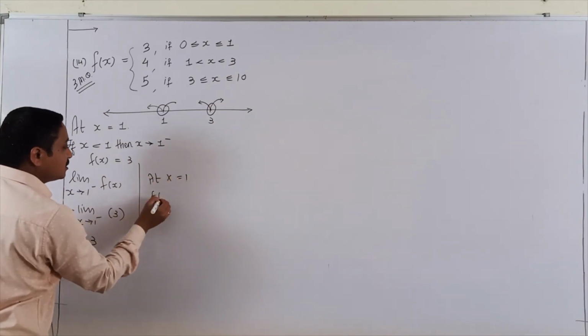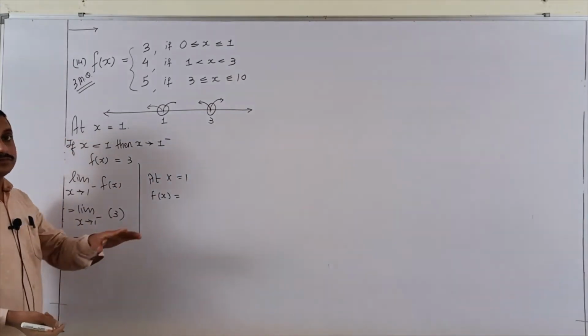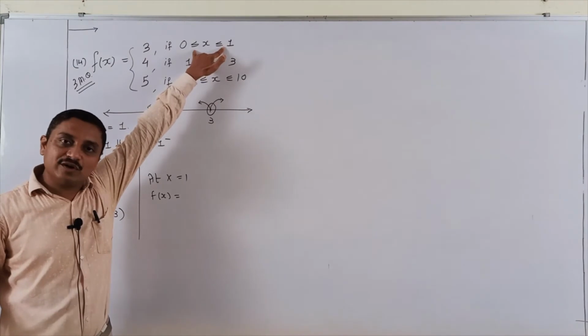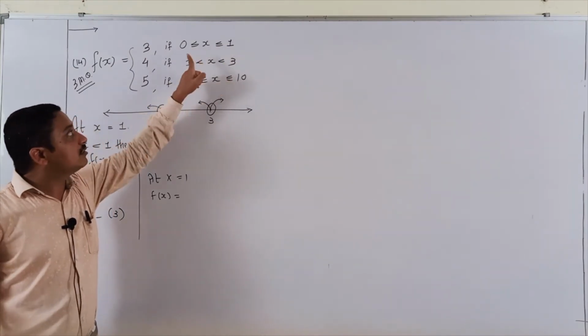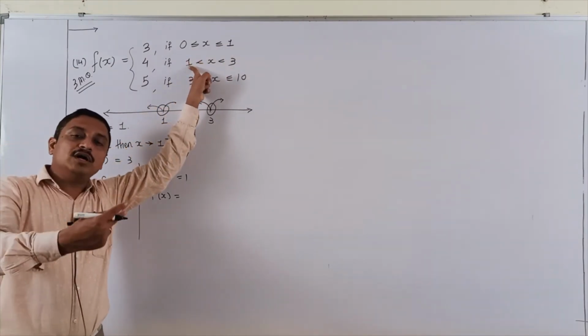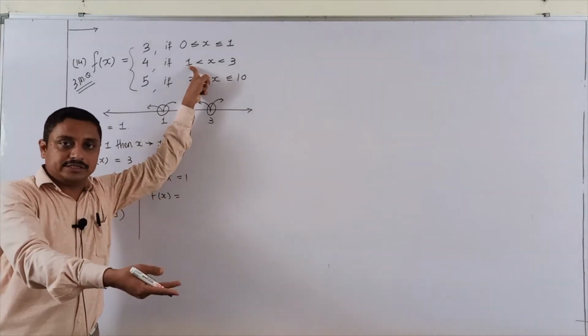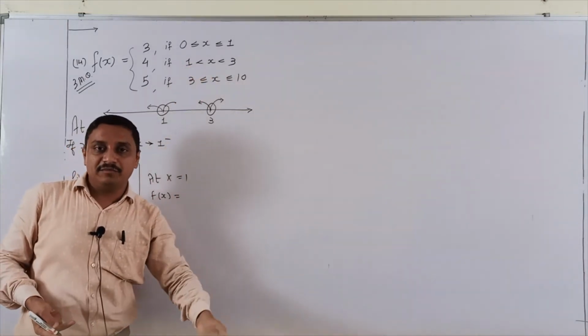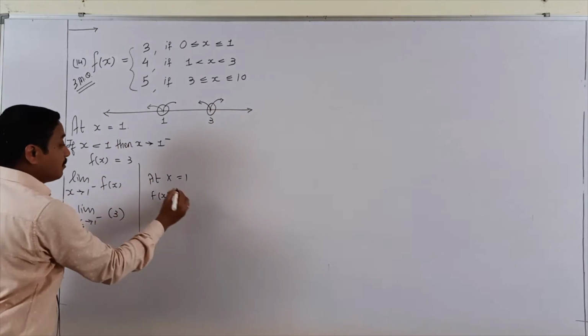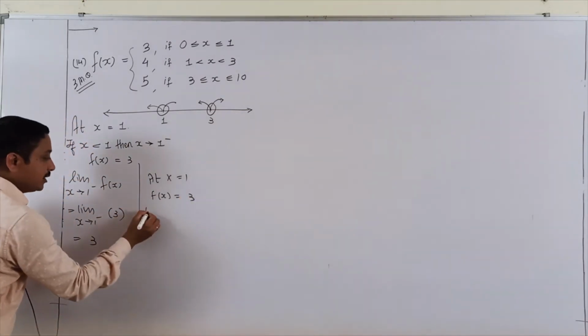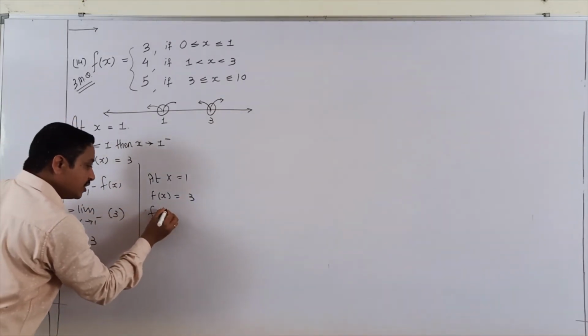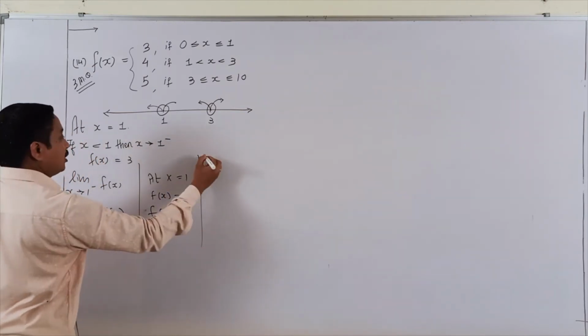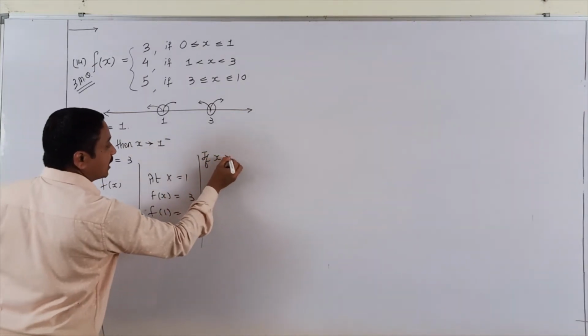Similarly, going at x is equal to 1, what is the function? Read again. Yes, the first one only. You never take the second one because the second indicates 1, 2 more numbers, it means the right side limit of 1. Here I am applying 3. So the value of f(1) is equal to 3. And continue.